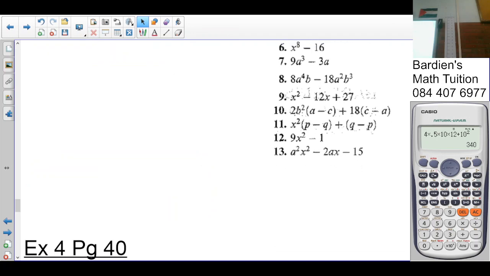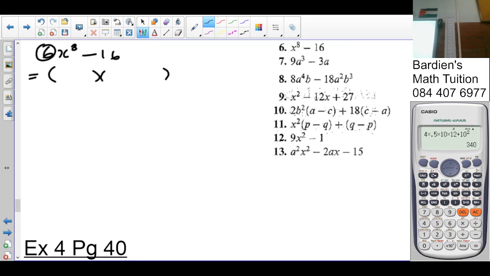Number 6. You've got x to the 8 minus 16. What factorization do we have here? Difference between 2 squares. So what do we get? x to the 4 plus 4, x to the 4 minus 4. What can happen to the second bracket?